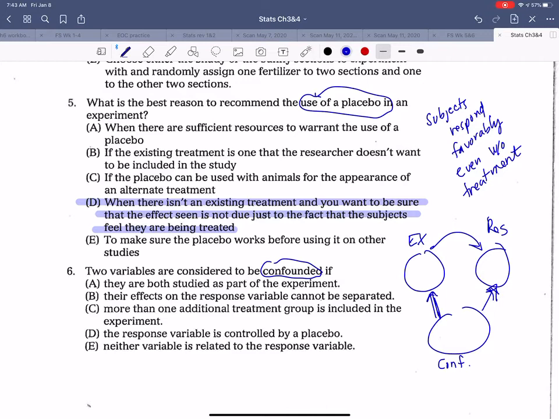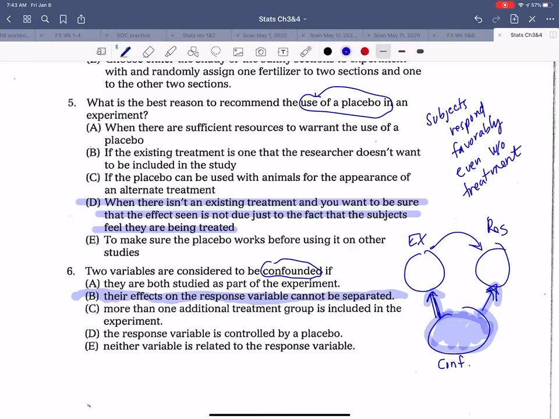All right, so as we look here, if the effects on the response variable cannot be separated, all right, so we somehow can't decide if it is in fact the confounding variable affecting the outcome. Okay?